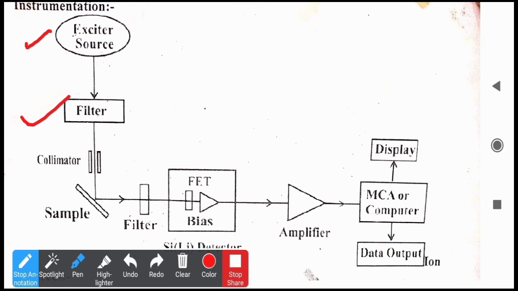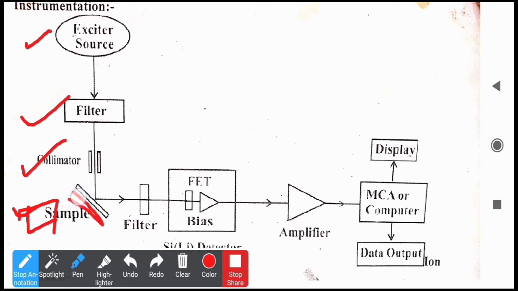The output from the filter is passed through a collimator, which gives focused and reproducible ions. The collimator then moves the ions to the sample surface. Samples are generally placed in a tilted manner.